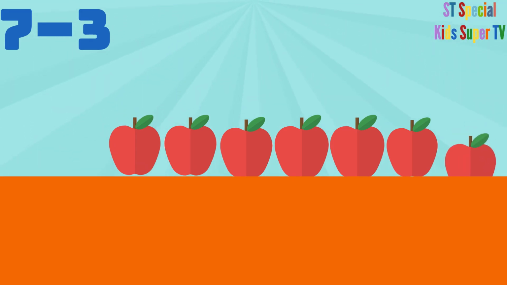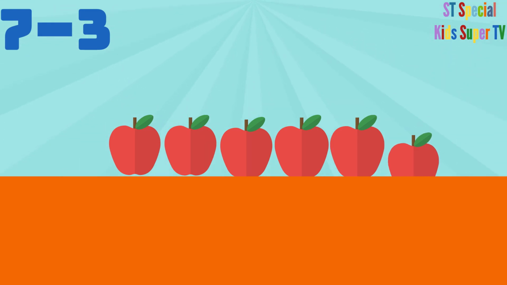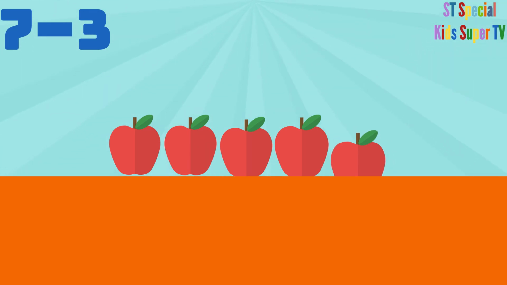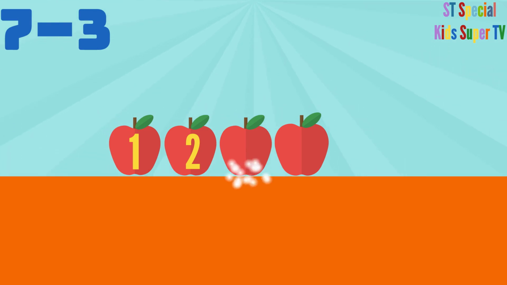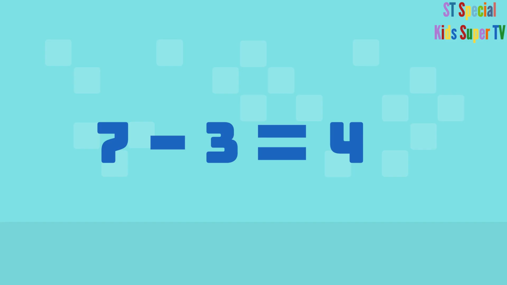So we take away 1, 2, 3 apples. The answer is 1, 2, 3, 4 apples. So 7 minus 3 equals 4.